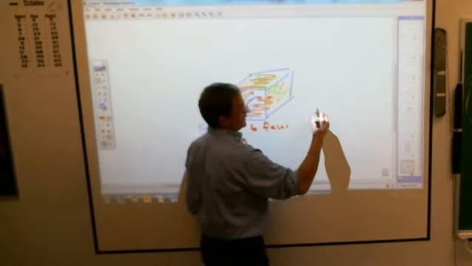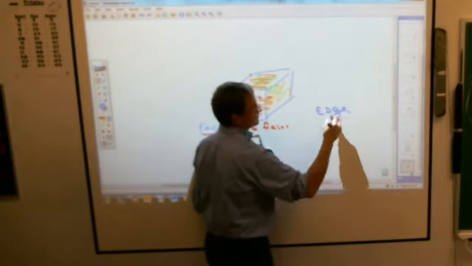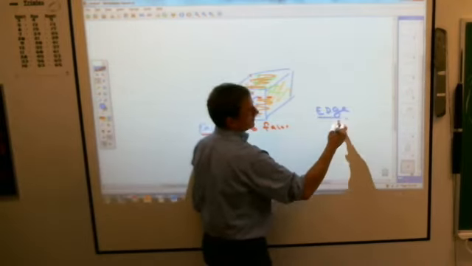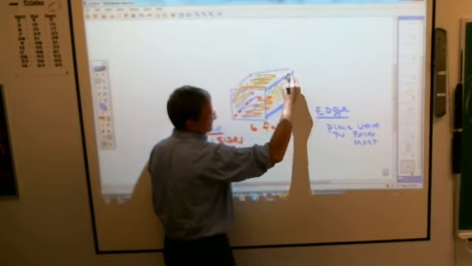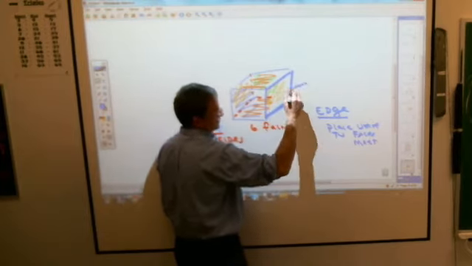What's the difference between that and an edge? What is an edge? Okay, well, it's the place where 2 faces meet. So on this shape right here, these are all the edges. This is an edge, this is an edge, this is an edge, this is an edge.